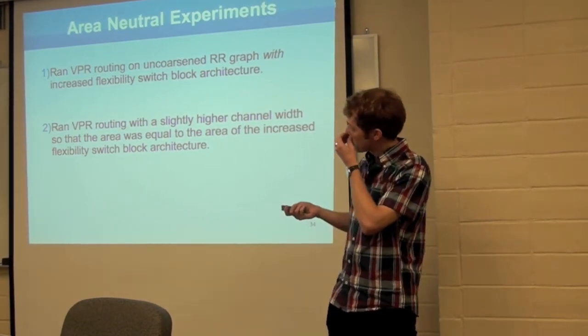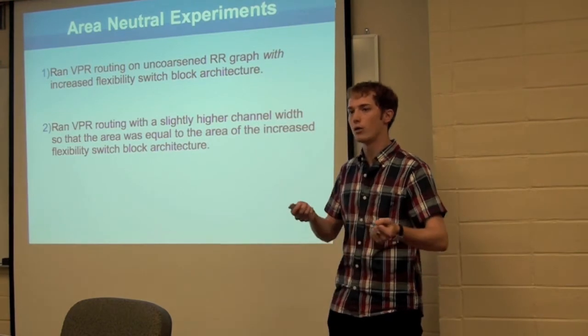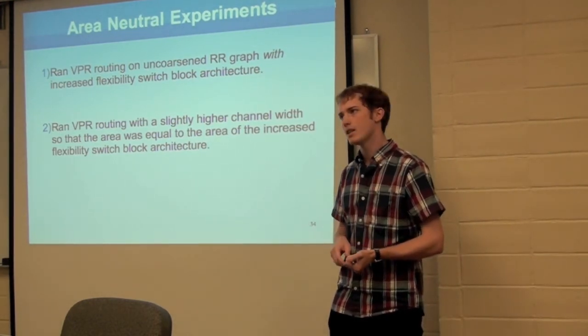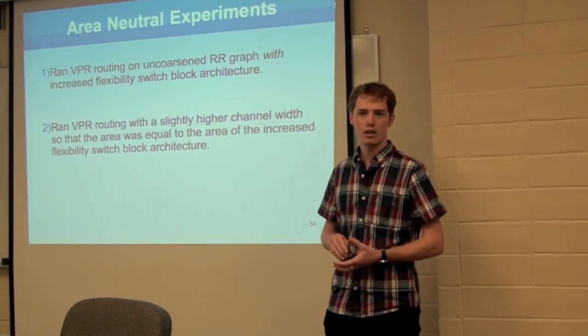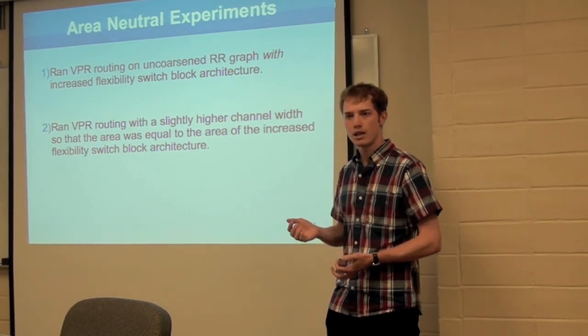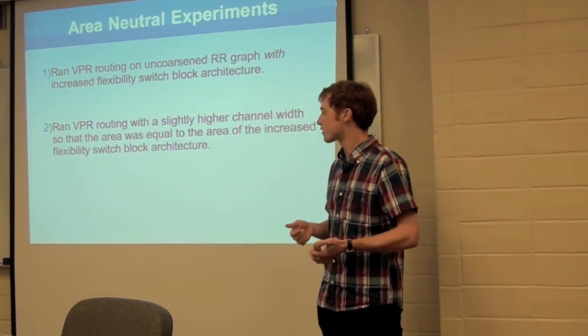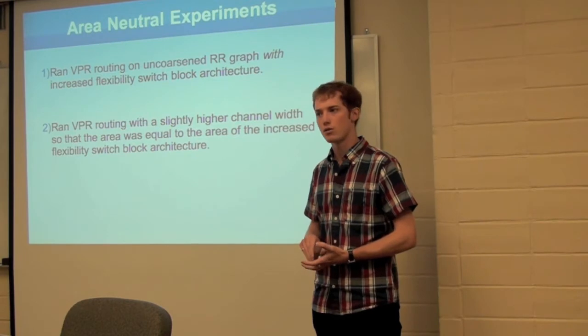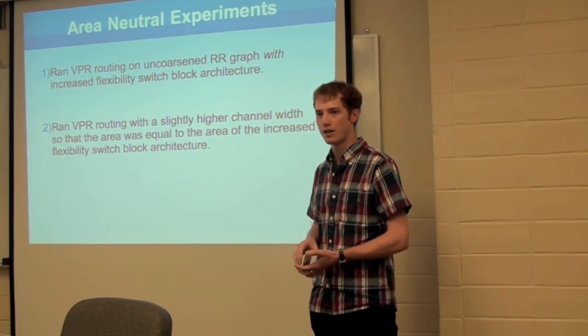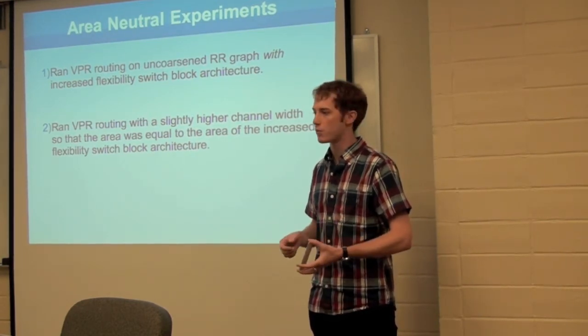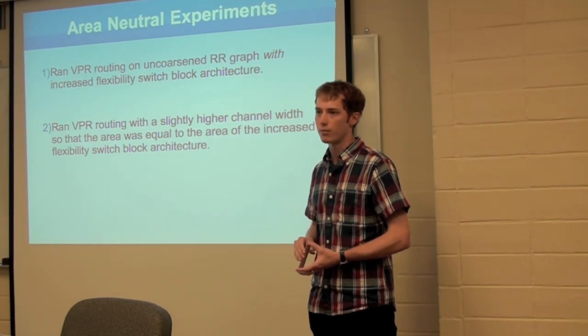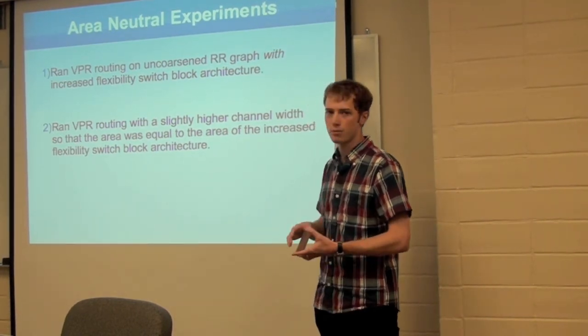The second experiment is to compare against a well-known way of trading off area versus CAD runtime or routing runtime. This is the first thing people think of: increase the number of tracks per channel. If you have more tracks per channel, you're going to have an easier routing problem and reduced runtime. It's been explored and that is the case.